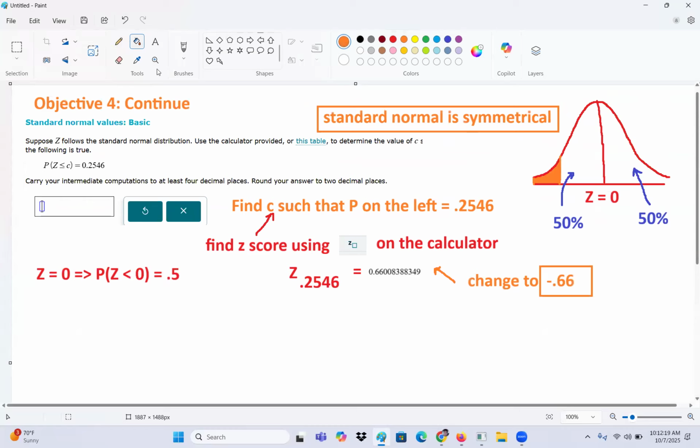So this is 25%. You just write them down. So the z-score has to be negative in this case, so we're going to get negative 0.66. So it's right here.